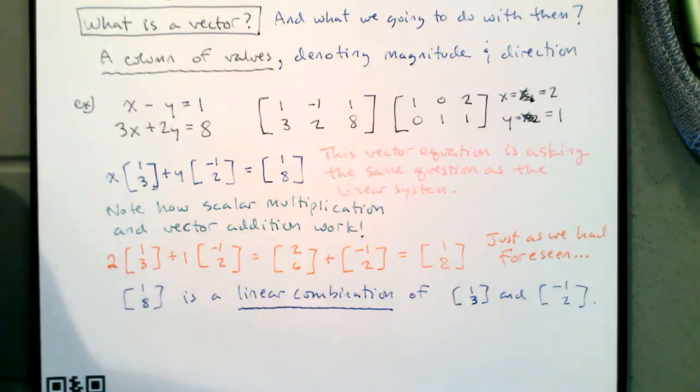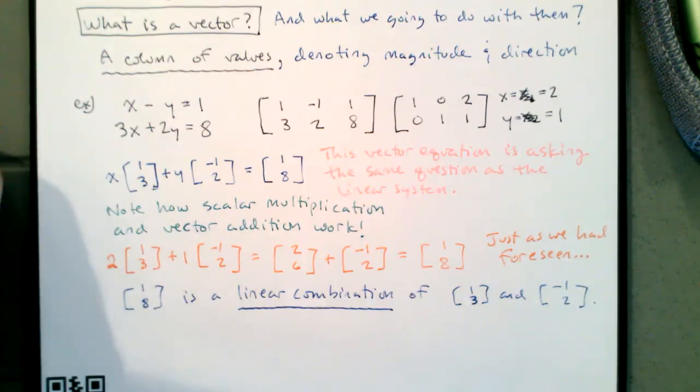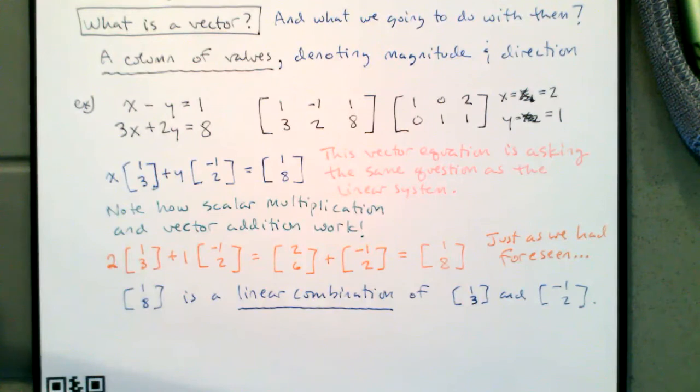So I know I'm dealing with 2 different lines going in 2 different directions, and so I know they're going to cross once. So sometimes we can tell if a system is going to be consistent just by looking at it, but not always. And so this is how we can check. Thank you.